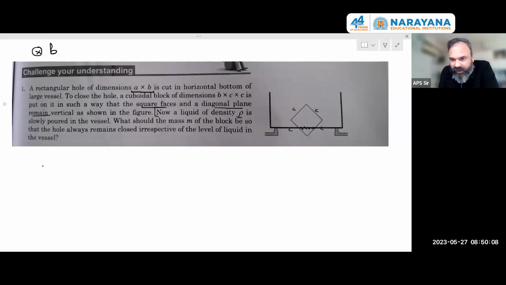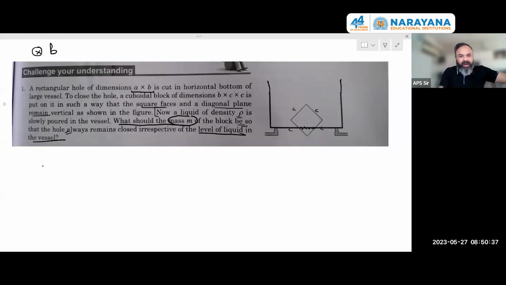Now the interesting thing comes. So if you start pouring liquid here, his only concern is how much mass should my block have so that the hole always remains closed irrespective of the level of liquid in the vessel. So his question is, this vessel can have infinite dimensions.